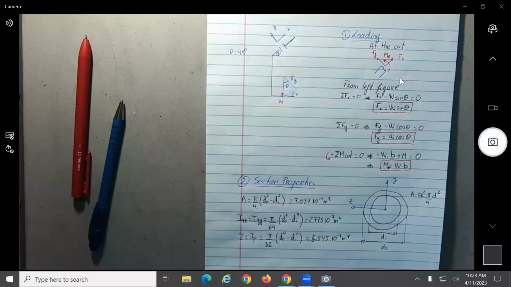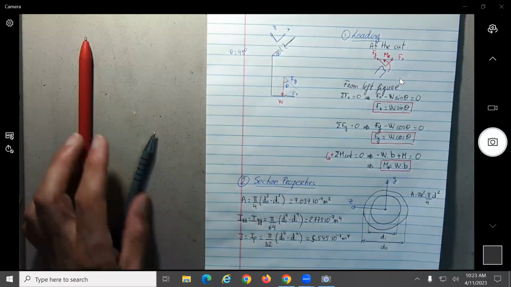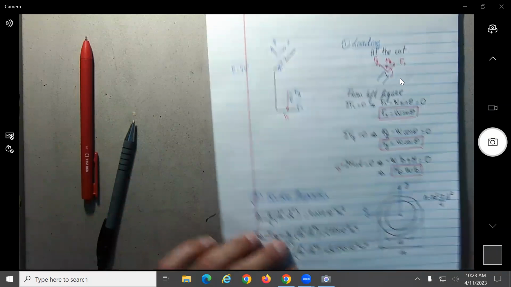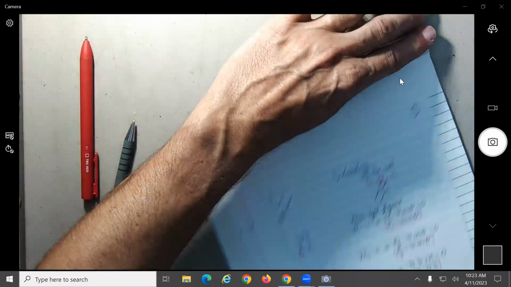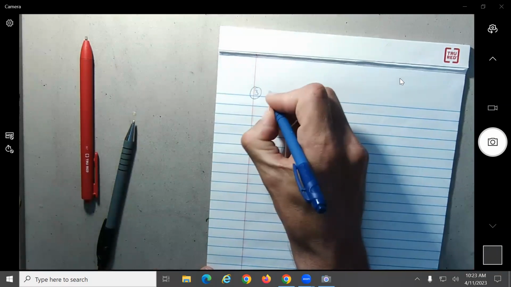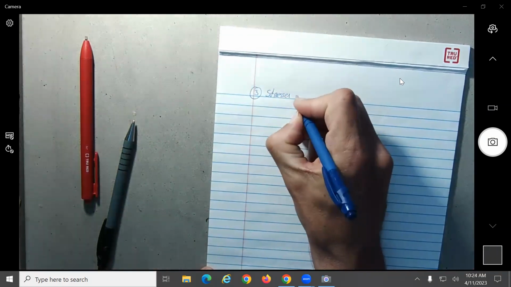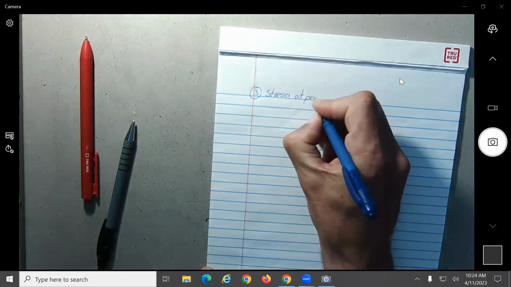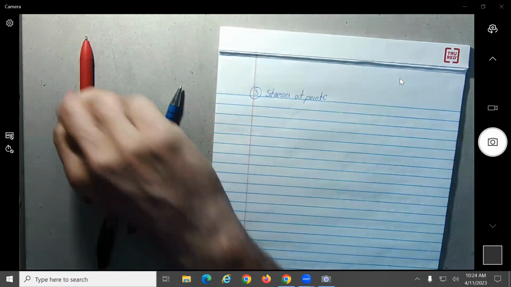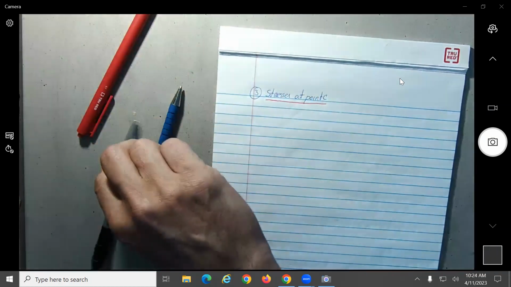Okay, so now that you have the values, the first step, I'm going to give you 10 minutes to do it. What should be the step? Let's say step 3, you need to find stresses at point C. Then we find the centroid here.